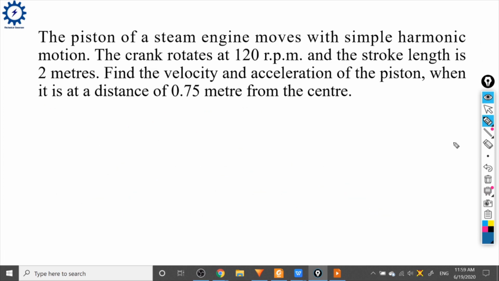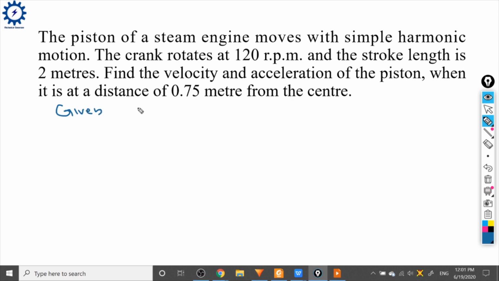The piston of a steam engine moves with simple harmonic motion. The crank rotates at 120 rpm and the stroke length is 2 meters. Find the velocity and acceleration of the piston when it is at a distance of 0.75 meter from the center.